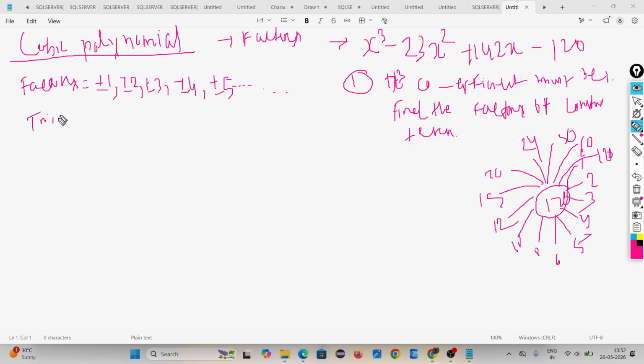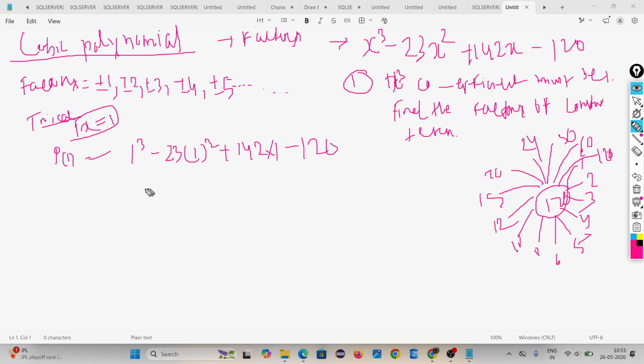Trial means you have to take x value plus 1. Suppose I am taking plus 1. That means p of 1 equal to 1 cube minus 23 into 1 square plus 142 into 1 minus 120. 1 cube is 1, minus 23 into 1, 23, plus 142 minus 120.